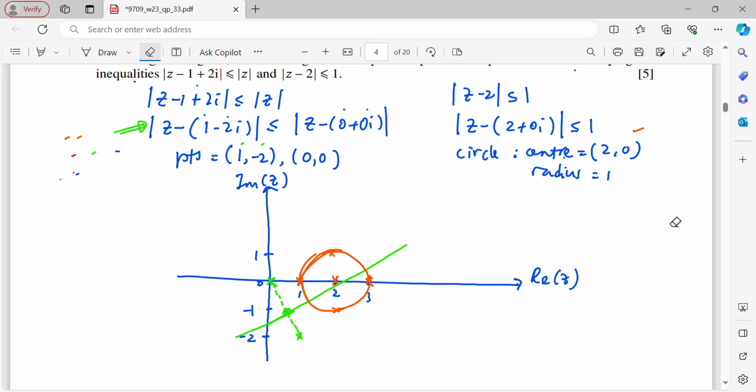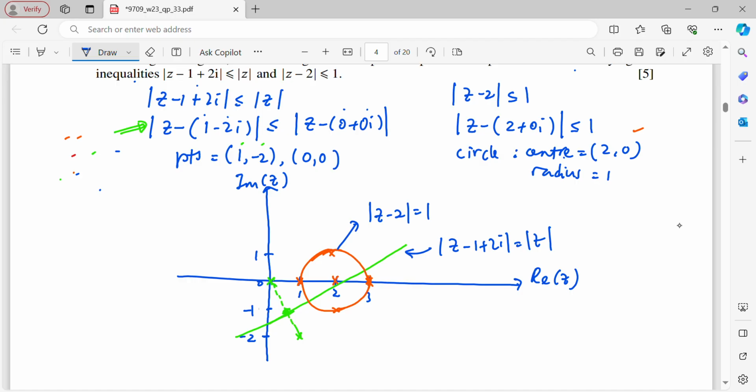Draw a smooth circle. Okay, so from here, I will label the circle equation as modulus z minus 2 equals to 1. Then this green color line is basically modulus z minus 1 plus 2i equals to modulus z.